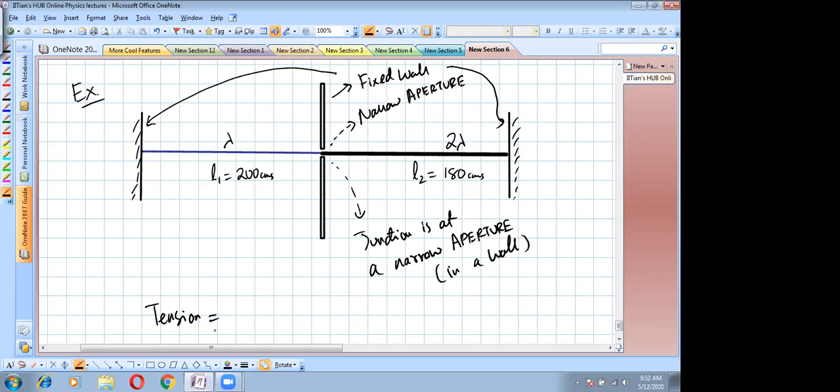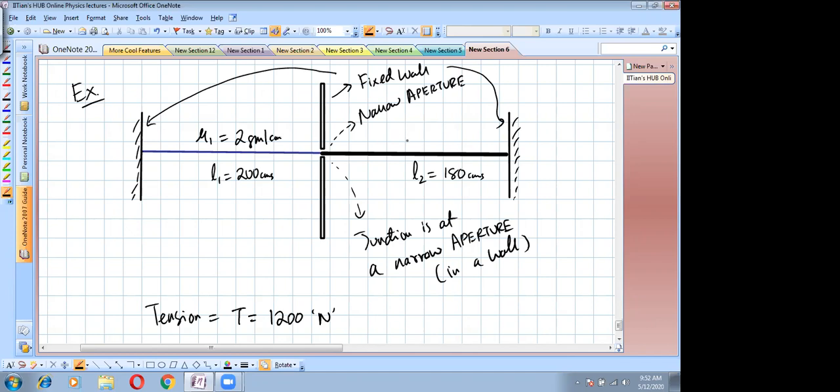is, so instead of lambda, let's use the variable mu over here. And so the common tension is equal to, let us say, 1200 newtons. And on this side, we have linear mass density, which is, let us say, 2 grams per centimeter.